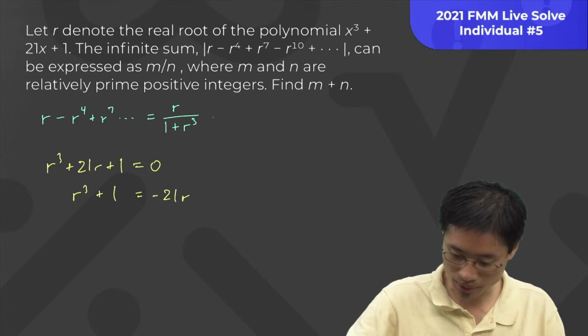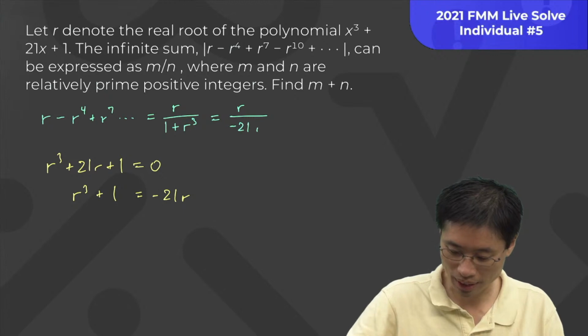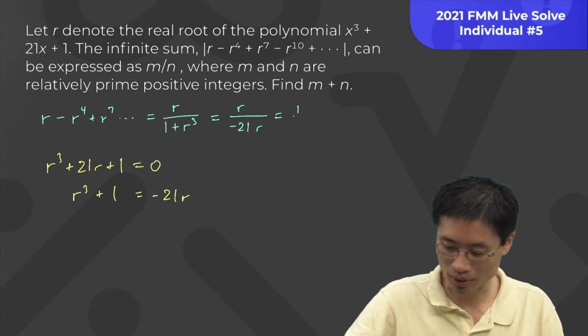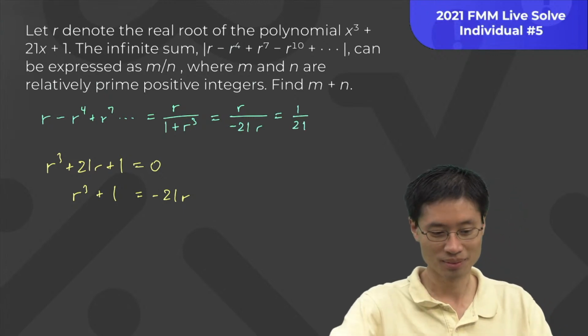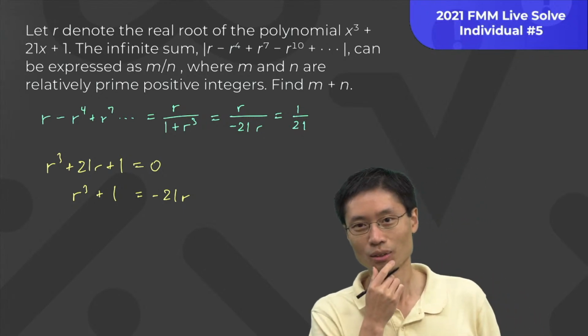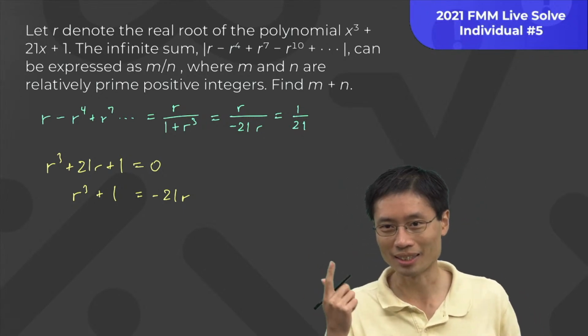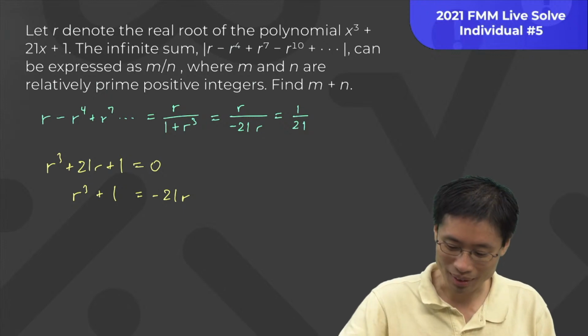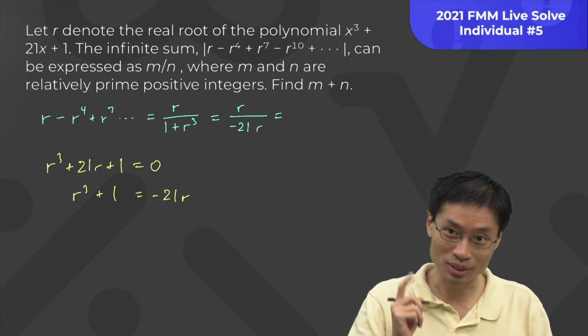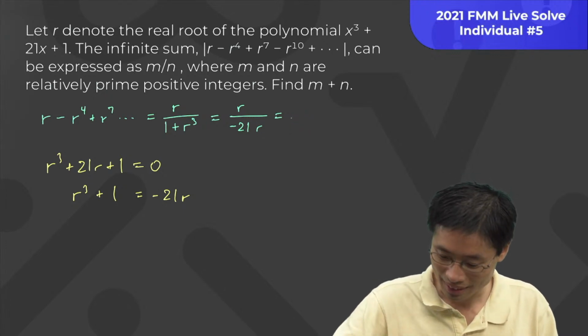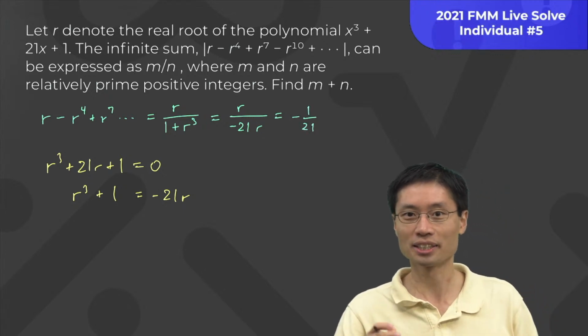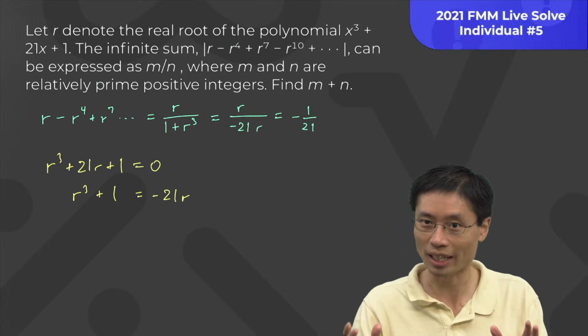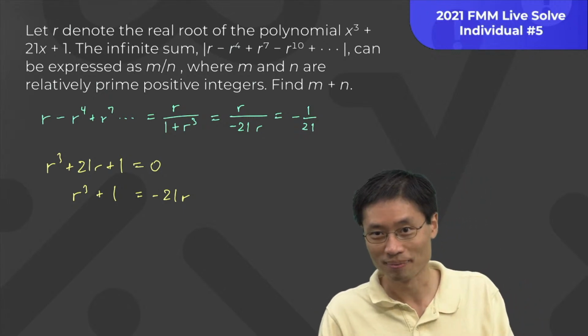So this is equal to r over negative 21r. So that's just going to add up to 1 over 21. No, it doesn't. It's because I did the absolute value already. I knew I want positive things, but if I want to write true mathematics, I better write negative 1 over 21. But this time I'm going to be careful. It says make sure that you take the absolute value. So the answer is 1 over 21.